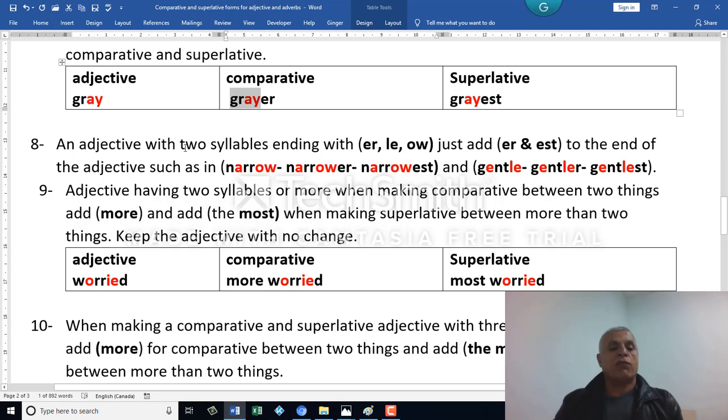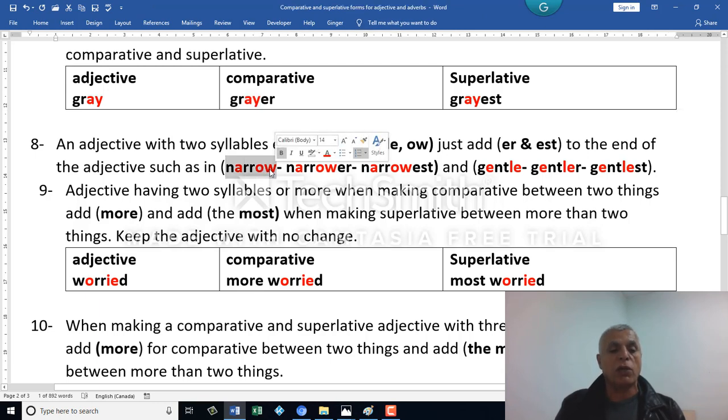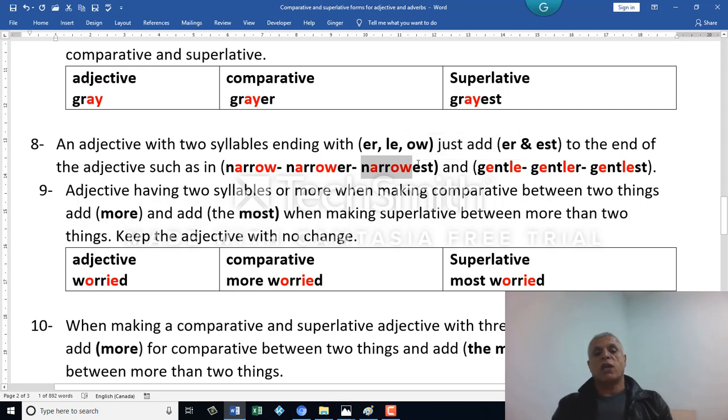When we have an adjective with two syllables ending with er or le or ow, just add er and est to the end of the adjective, such as, look here, narrow. Because we have ow, we just add er to it, narrower, and narrowest. Also here we have gentle.